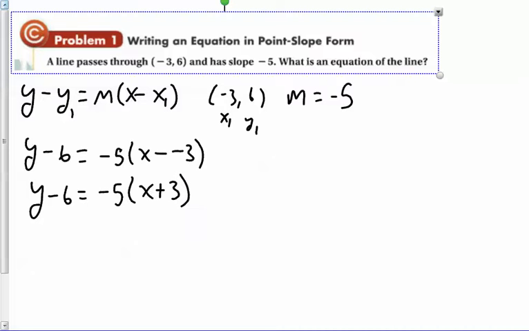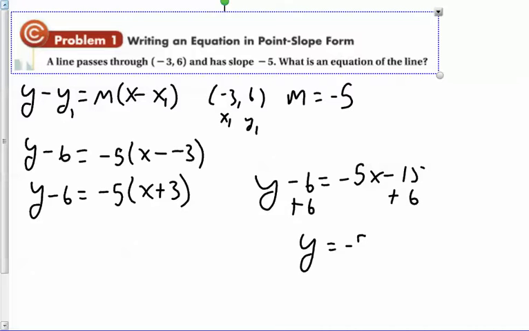Now I know it's uncomfortable to leave it like that, but you totally can if you want. Totally fine. Or you want to go one step further, you could actually distribute that negative 5. So now you get negative 5x minus 15, and then you add 6 to both sides, and you got y equals negative 5x minus 9.